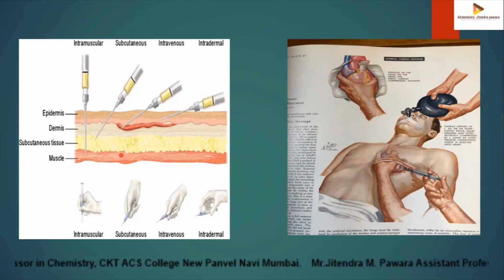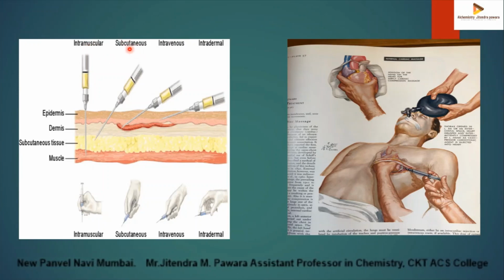So this is the image. When the syringe is inserted directly into the muscle, these are the different layers: the first layer is the epidermis, then the dermis, then subcutaneous tissue, then muscle. When the syringe is inserted into the muscle, that is called intramuscular.